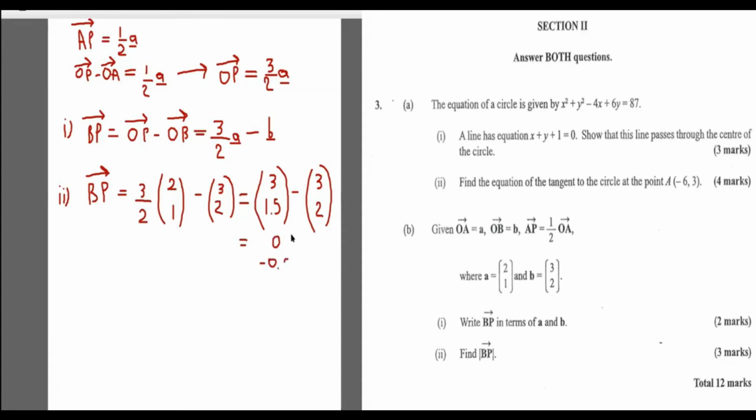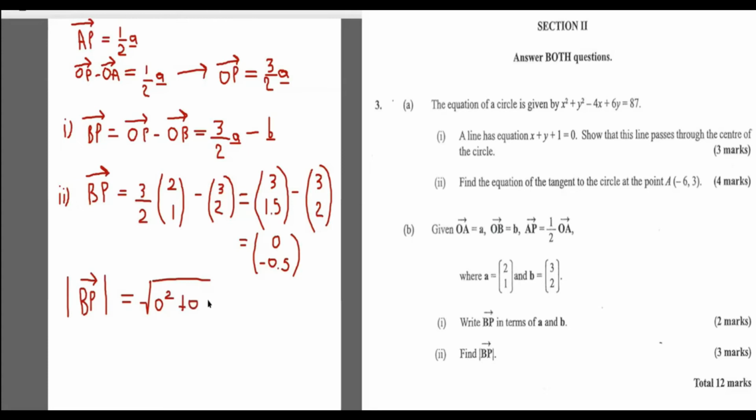And that gives us vector BP. Once you get to here, that's vector BP. So now you can find the norm of vector BP. That's what the sign means. It means norm. The norm of vector BP is going to be equal to the square root of 0 squared plus 0.5 squared.